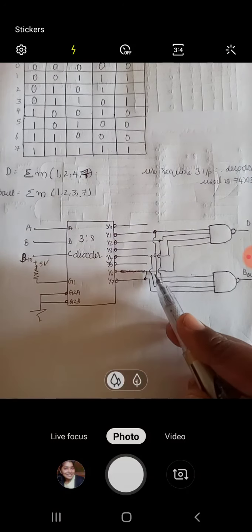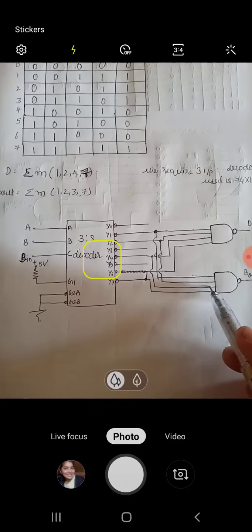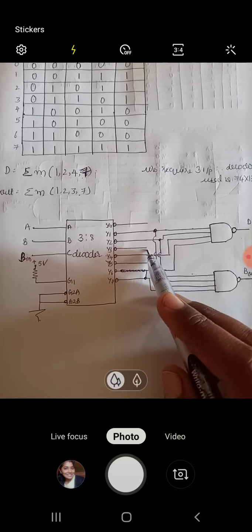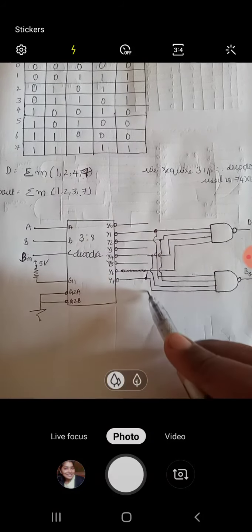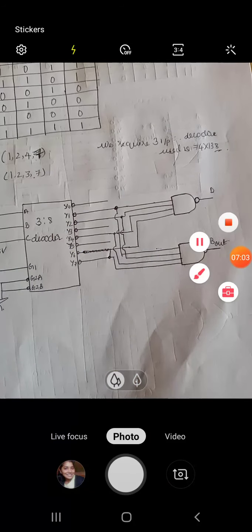So this is 1, this is 2, 3 is somewhere over here, and this is 7. I have tapped it, and this is nothing but the borrow part.